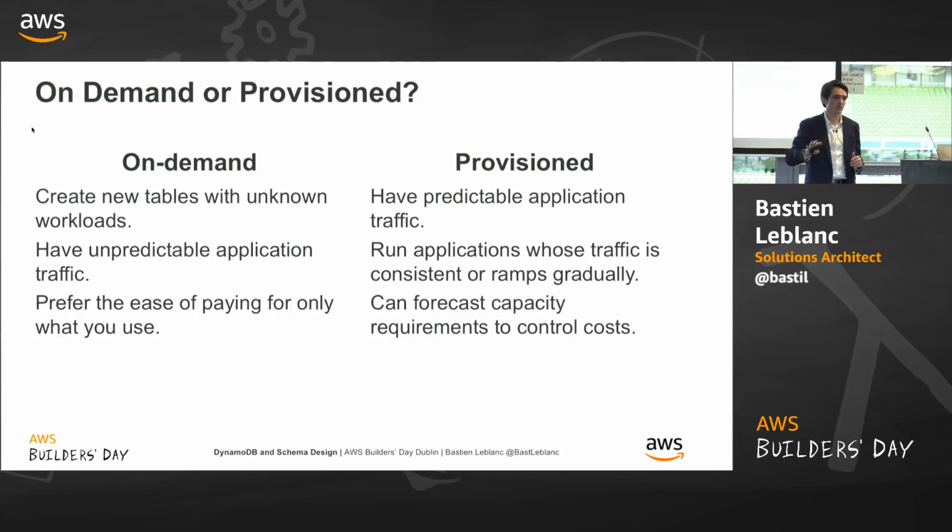But when you start, you can start on demand, and you can always switch from one to the other. So start your development on demand, look at how much capacity you use, and switch to provisioned when you have a more predictable workload.